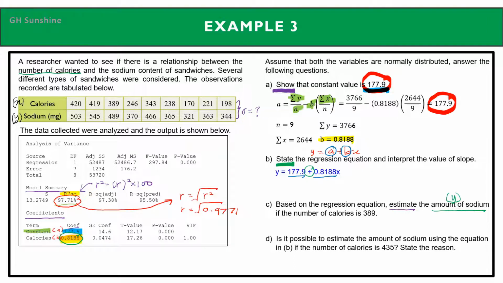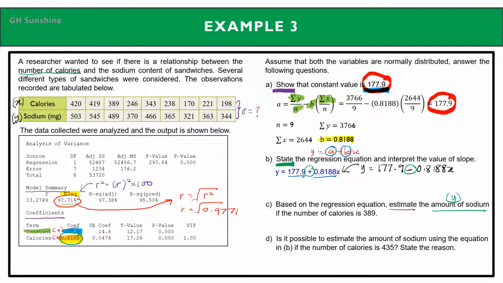Let's say negative 0.8188. Therefore, the regression model becomes y equal to 177.9 minus 0.8188x. So the symbol here is minus.